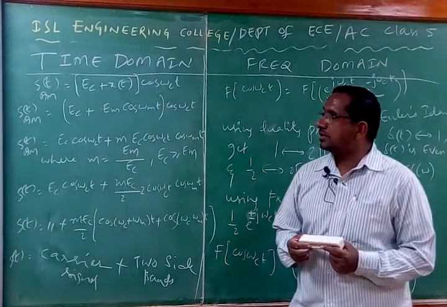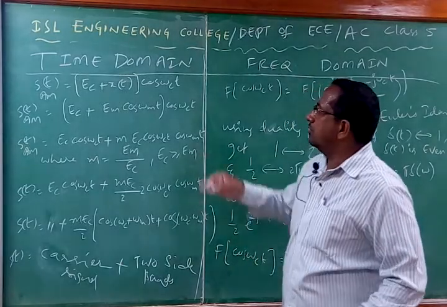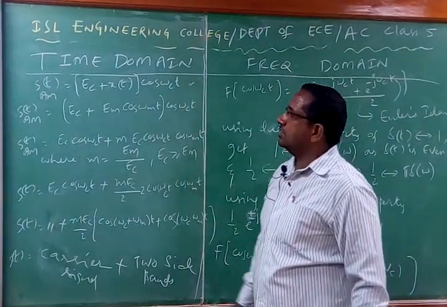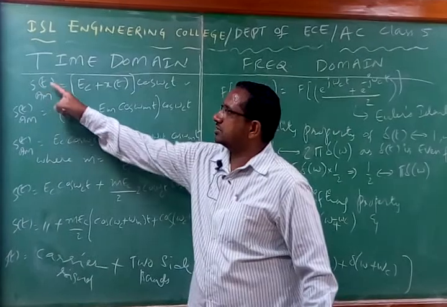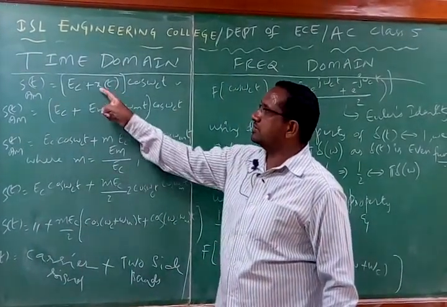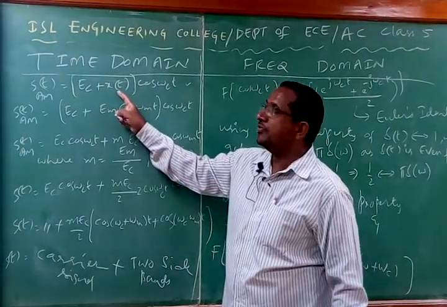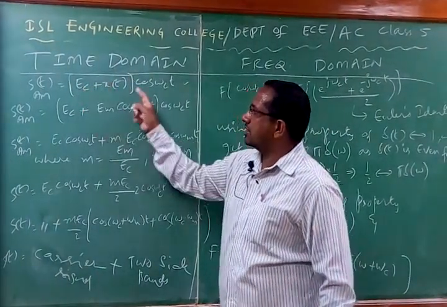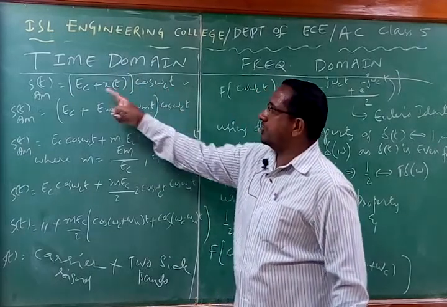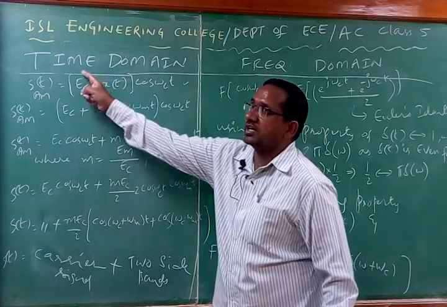So let us continue with the time domain evaluation now. I can write the signal after modulation, s of t of AM, as equal to Ec plus x of t, into cos omega ct. What is this small x of t? It is known as the instantaneously varying message signal. It is affecting the amplitude of the carrier, that is why we are changing the amplitude side of the carrier.